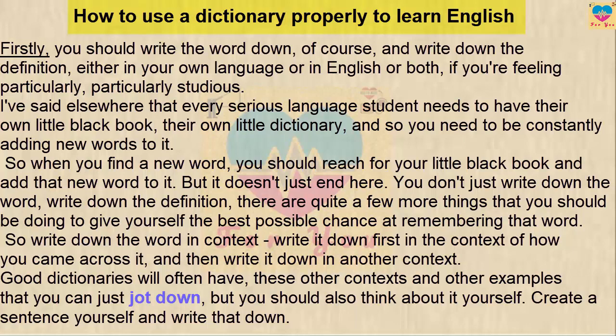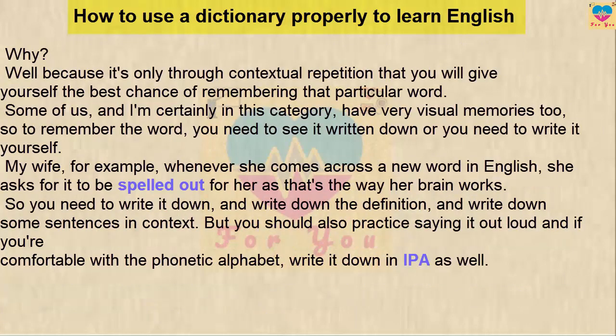Good dictionaries will often have these other contexts and other examples that you can just jot down. But you should also think about it yourself. Create a sentence yourself and write that down. Why? Well, because it's only through contextual repetition that you will give yourself the best chance of remembering that particular word.